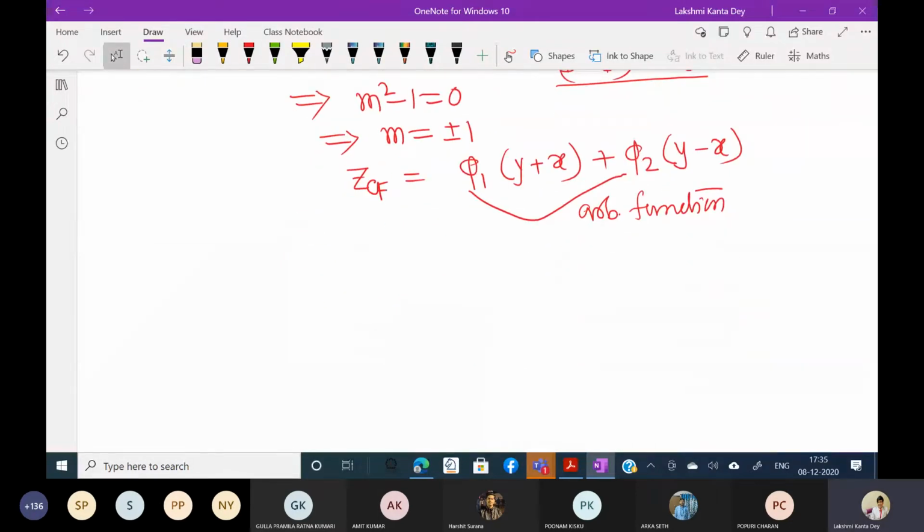Next, we would like to find 1 by D square minus D dash. What is it?